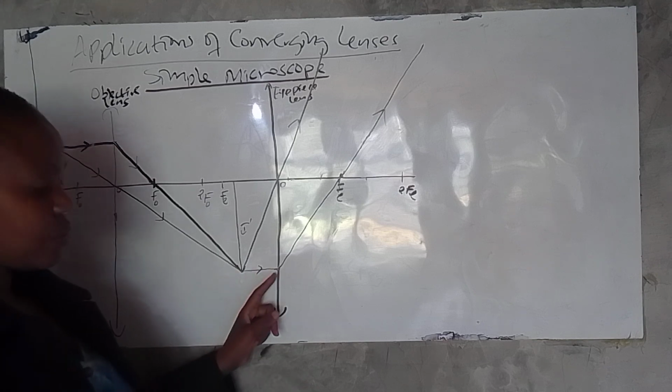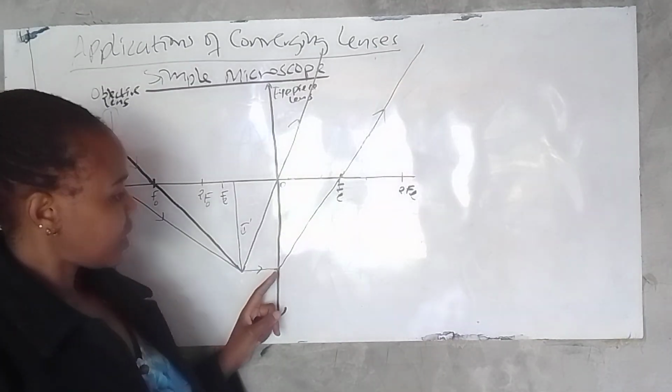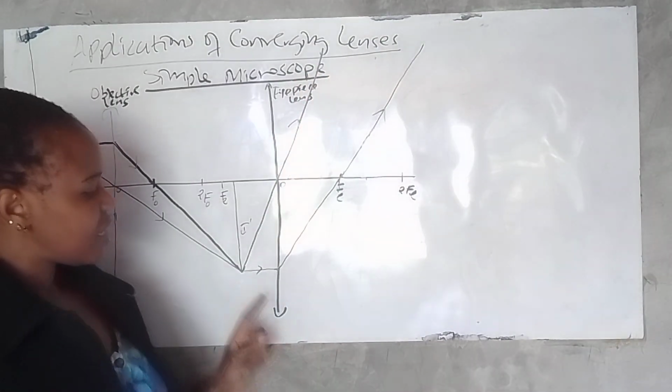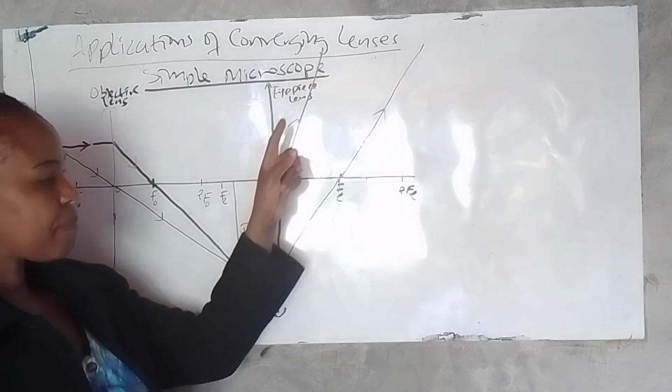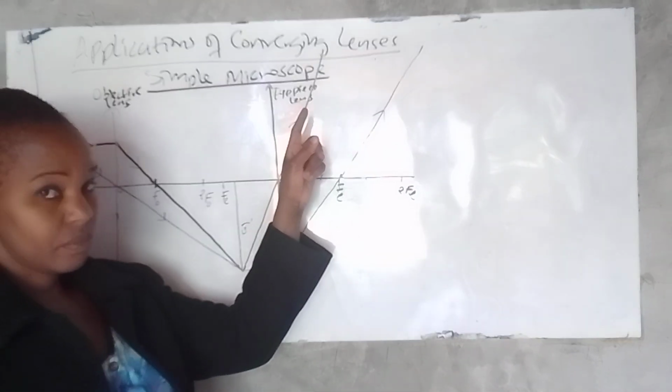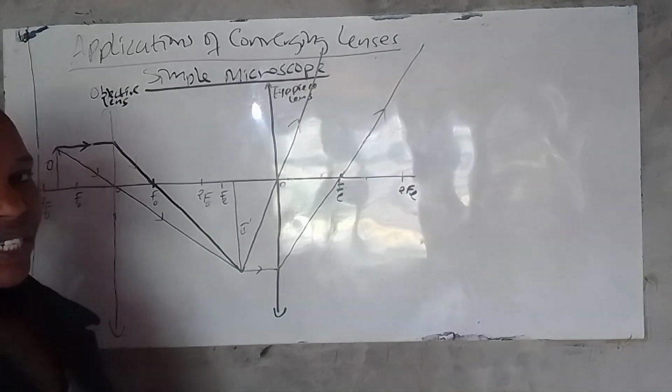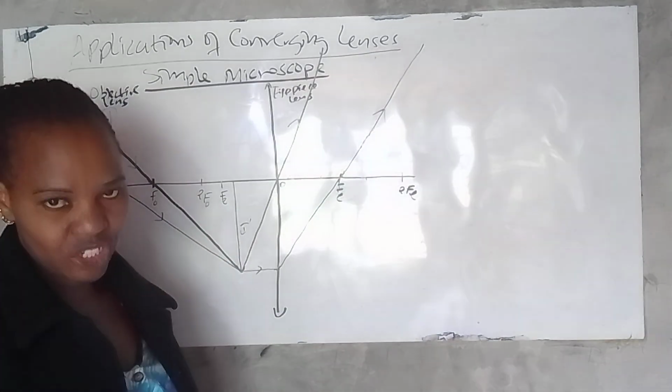Okay, that's much better. Now let's look at the true rays. This is the first true ray coming from the object, and that is a true ray going away from the lens. The other ray, this is a true ray coming from the object, going away from the lens. Now anything I produce backwards is imaginary, it's virtual.